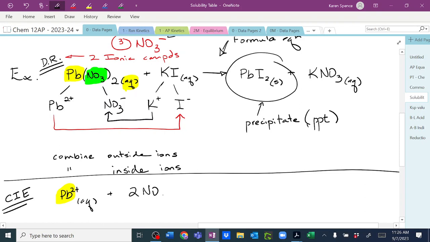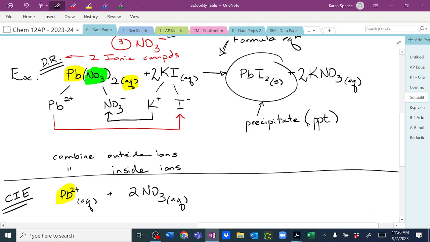2 NO3. What did I forget to do in my formula equation? I forgot to balance it. What would I need to do to balance my formula equation? A 2 here and a 2 here. Yes? Now we're good. All right.